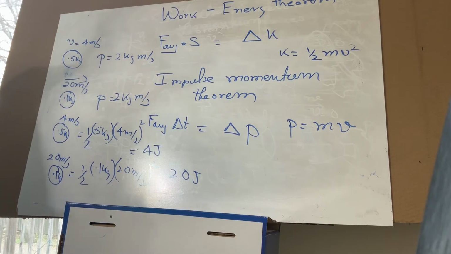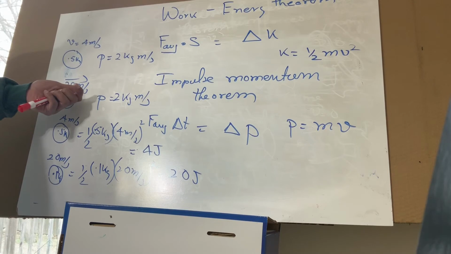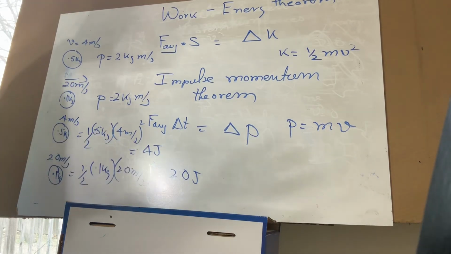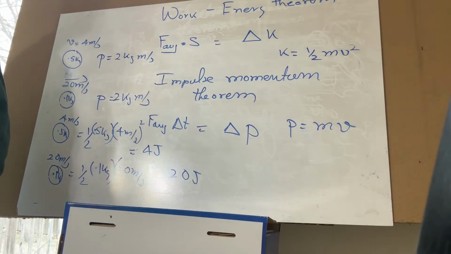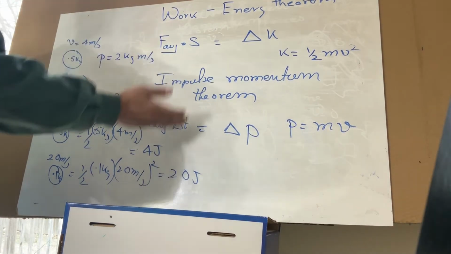All right. So if you're given a choice, which ball should I catch? They both have the same momenta. But the smaller mass ball, because it's traveling faster, would have a lot more energy, and therefore it will push your hand a lot further behind, right? So that is the difference between the two.